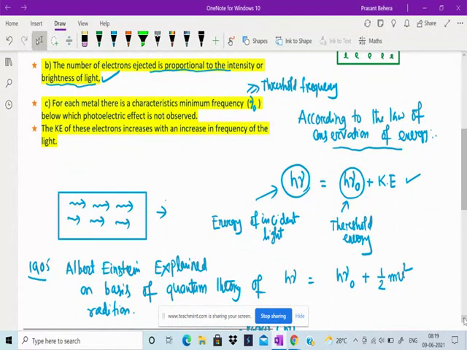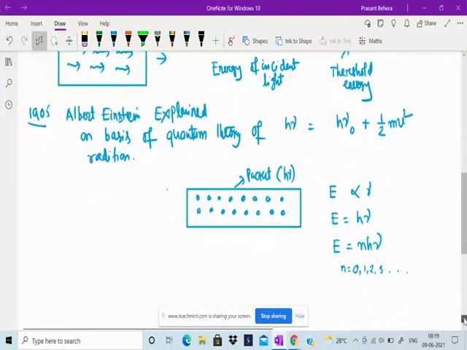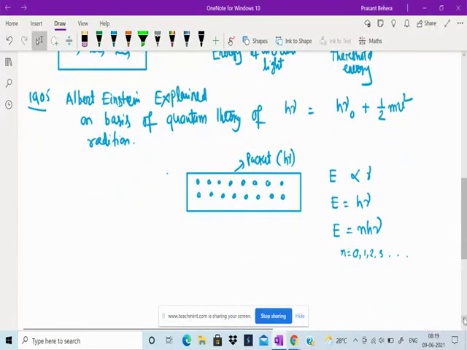Einstein explained with the help of the quantum theory of electromagnetic radiation that kinetic energy does not depend upon the intensity, whereas kinetic energy depends upon the frequency. With the increase in frequency, the kinetic energy also increases.